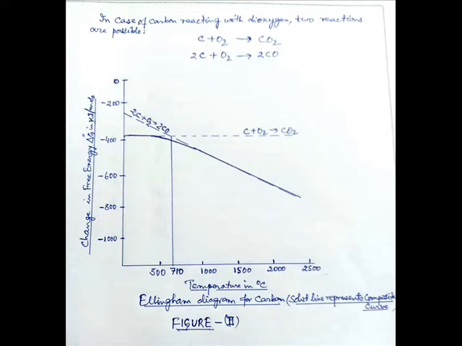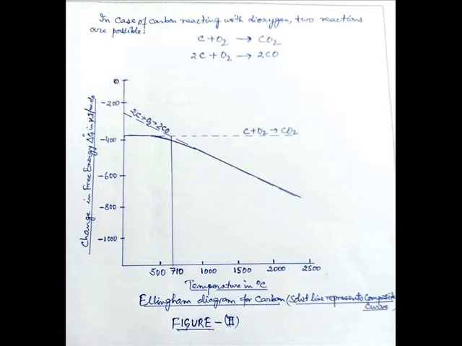The second reaction, that is the formation of carbon monoxide from carbon and oxygen: we see that 2 molecules of CO are produced for every 1 volume of dioxygen used. That means the volume of carbon monoxide is double the volume of dioxygen used. Thus, del S is positive in this case, and hence del G becomes increasingly negative as T increases.